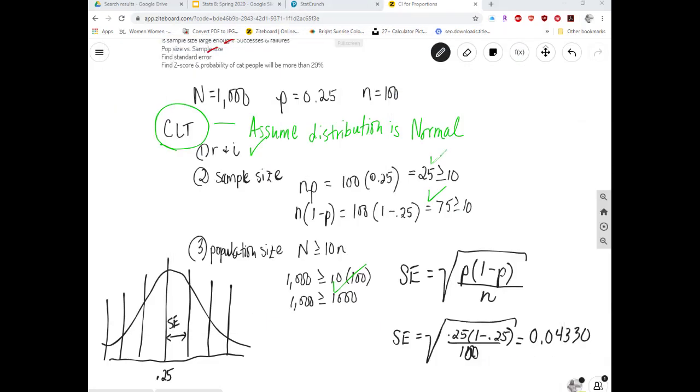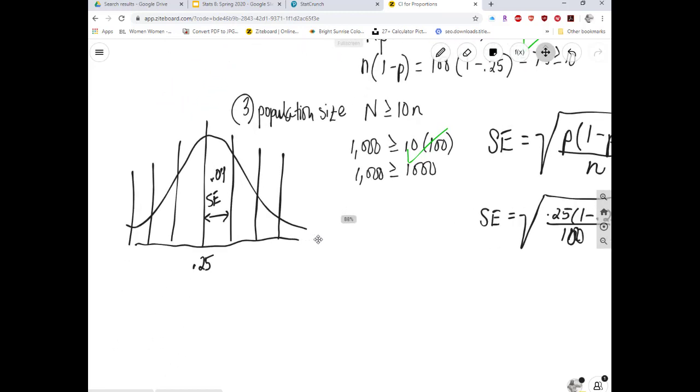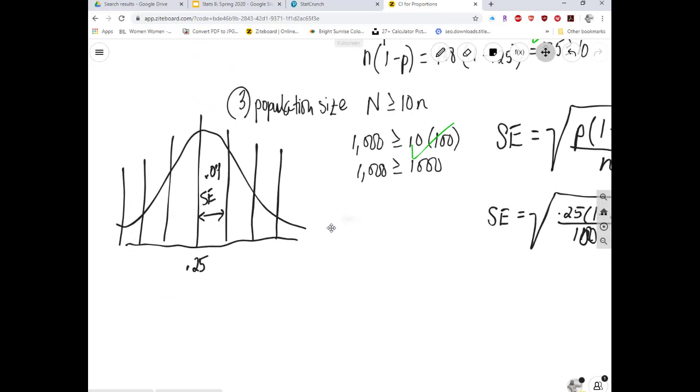Move this out of the way. Now I know that this distance in through here is approximately 0.04. So if I add 0.04 this way, and I'm going to make this a little bit bigger for our eyes. So this is 0.04.